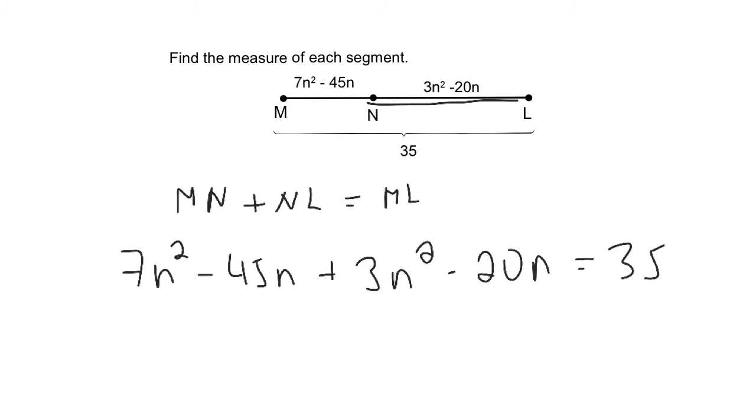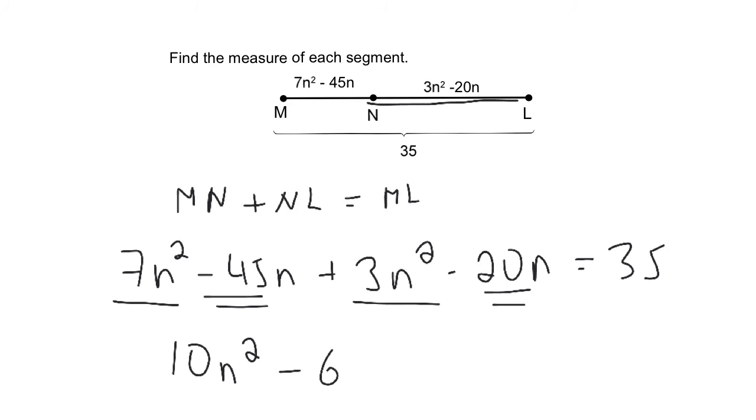So now I have this long quadratic equation, okay? But we can simplify a little bit. 7n squared and 3n squared becomes 10n squared. Negative 45n minus 20n is negative 65n, okay? And equals 35.